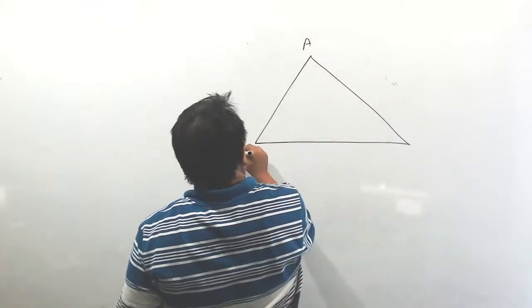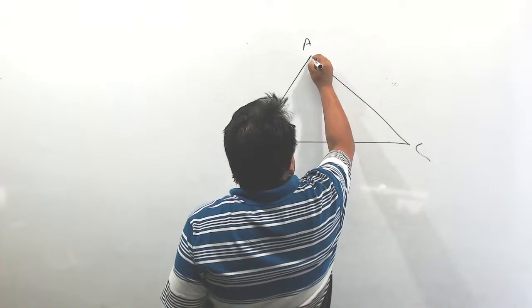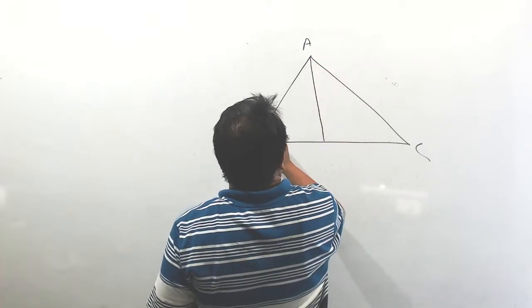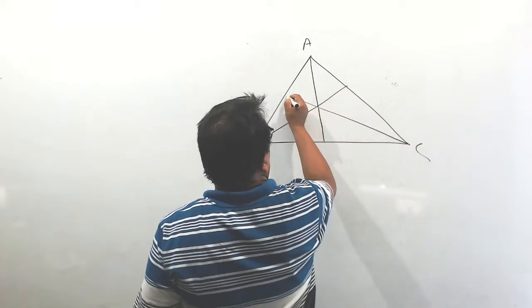Incenter means angle bisectors. This is ABC, right? Angle bisectors. These angle bisectors.